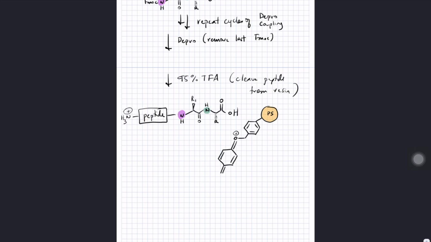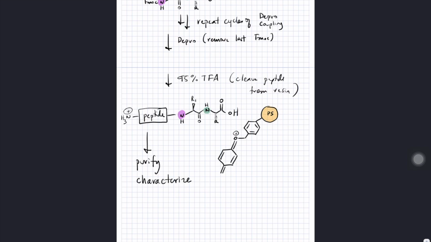You'll end with your peptide removed from resin. And at that point, you can then purify your peptide, usually by high-performance liquid chromatography, and you can characterize it to make sure it's the right thing. This method allows you to prepare a peptide without ever having to see HF.